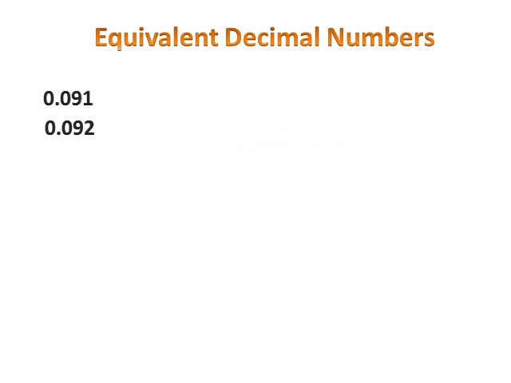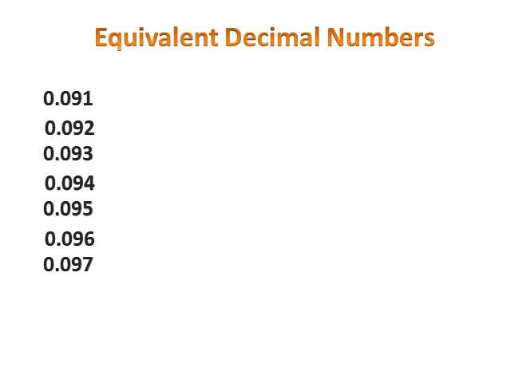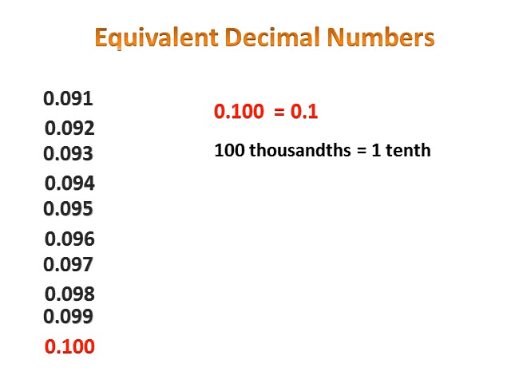Alright, so how about this one? We're just counting by the thousandths. What do you think is next after 99 thousandths? Since after 99 that will be 100, this is 100 thousandths. But 100 thousandths is just equal to 1/10.